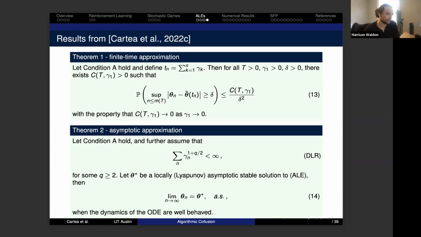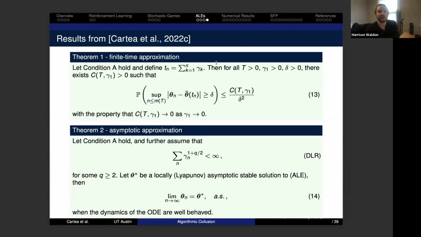So our theorem 1 given here is that under an appropriate time scaling, so if we scale time with Tn equaling the sum of learning rates up to period n, then the algorithm will be close to solutions of the ODE for any finite time horizon capital T with arbitrarily high probability, provided that the learning rate is small enough.